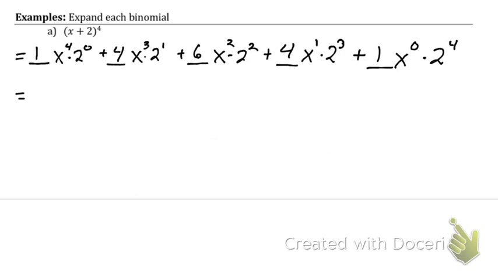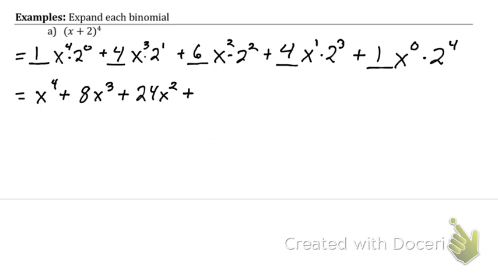Now we just need to simplify all this. Well, 2 to the 0th is 1. 1 times 1 is 1, so we're going to have x to the 4th. Plus 2 times 4 is going to be 8 x cubed. Plus, well, 2 squared is 4 times 6 is 24, so we'll have 24 x squared.